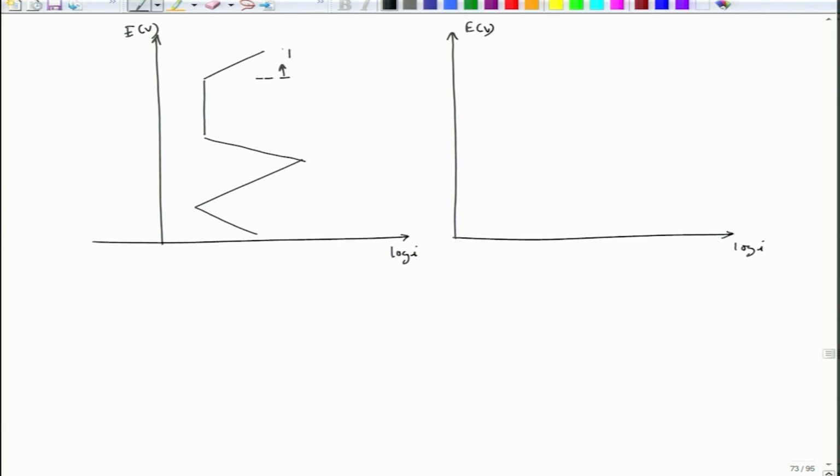So, this is transpassive, this is passive, and this is active, and this zone I can term as the unstable zone.